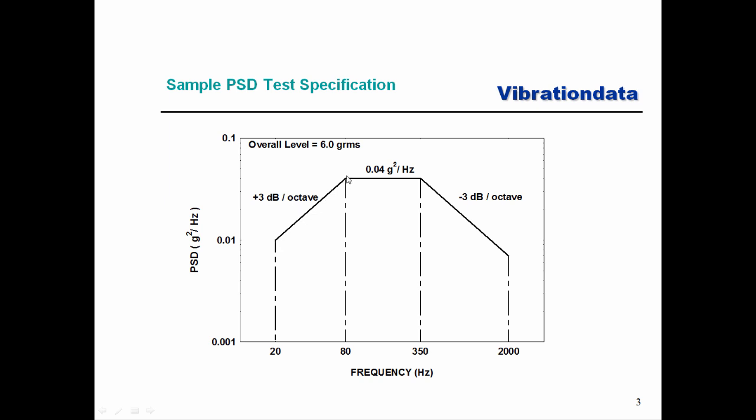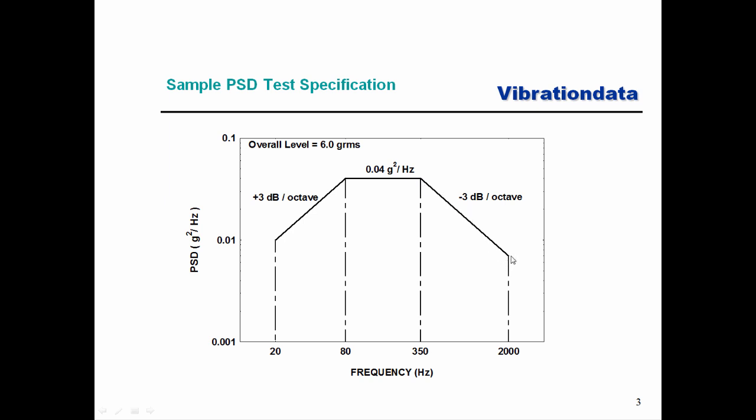Then the specification reaches a plateau from 80 to 350 hertz, and that plateau is 0.04 g squared per hertz. And again, that g is really GRMS. So it's really GRMS squared per hertz. So we have the flat plateau. Then starting at 350 hertz, there's a downward 3 dB per octave slope.